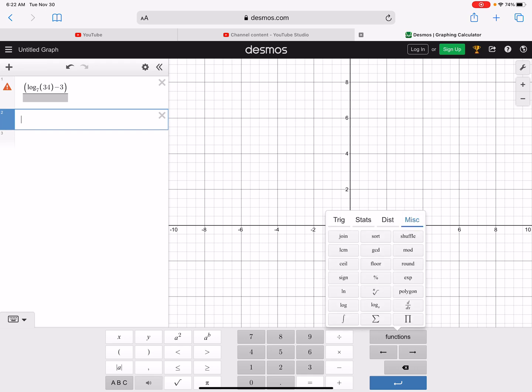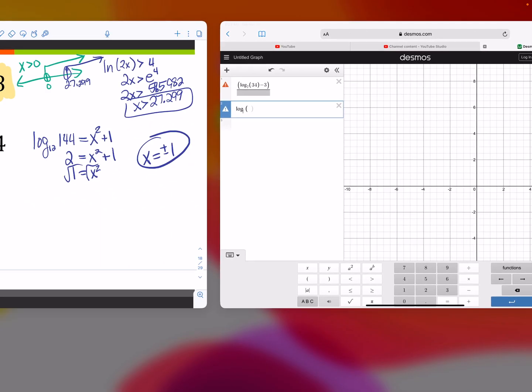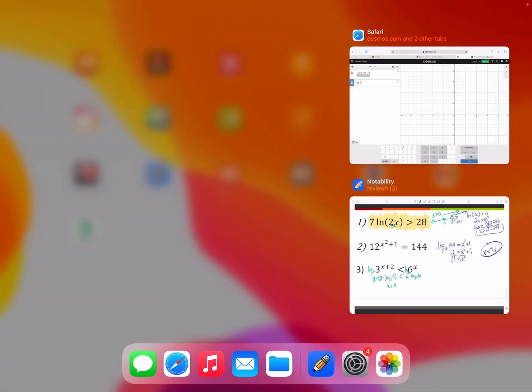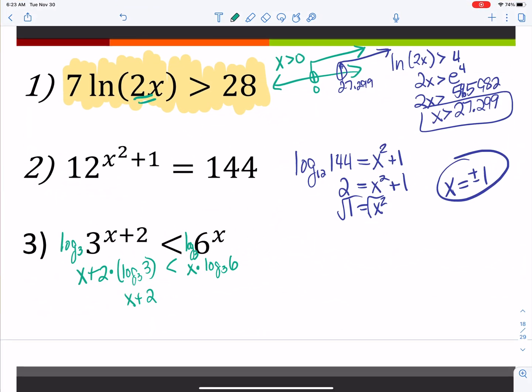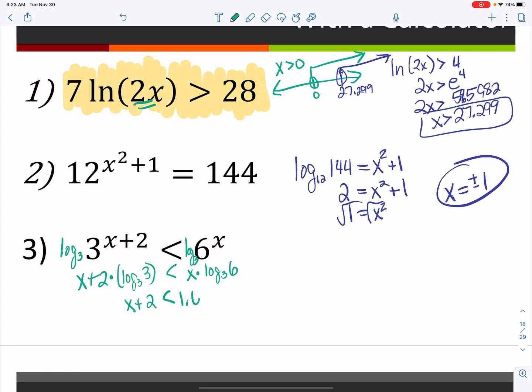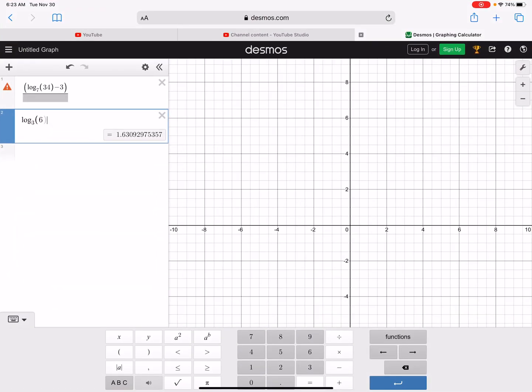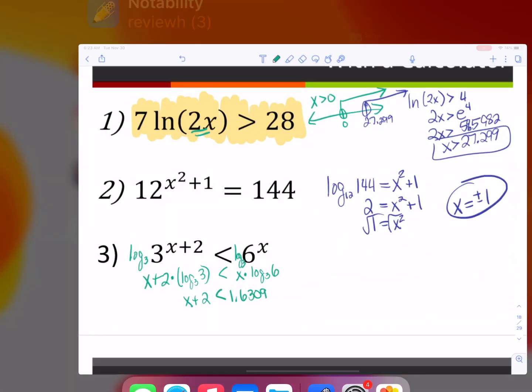The log base 3 of 6 is 1.6309. And then you're going to take that and minus 2. And so you get a negative 3.3601.